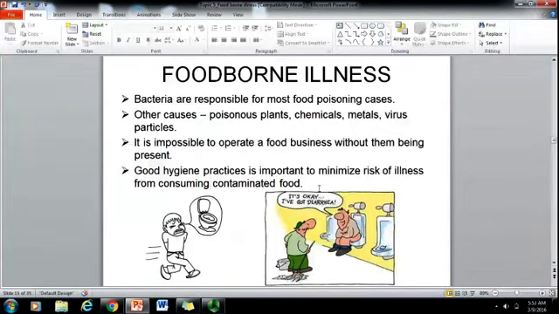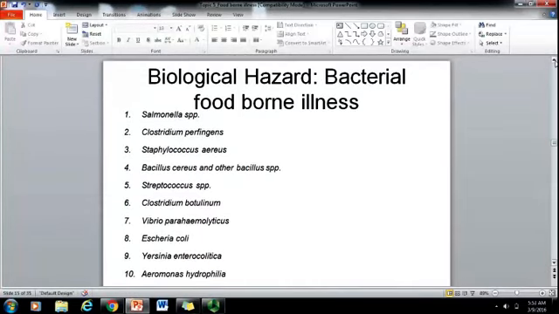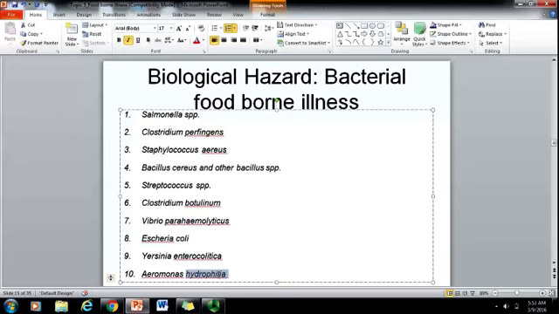So we come to the first biological hazard, bacterial foodborne illness. These are the biological agents responsible for foodborne illness.